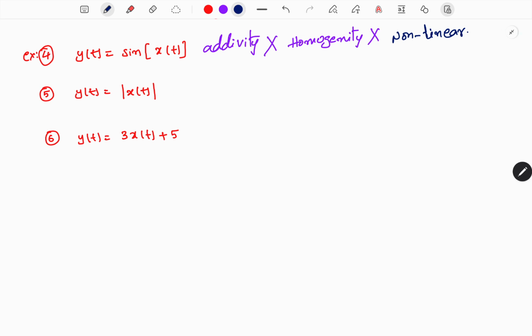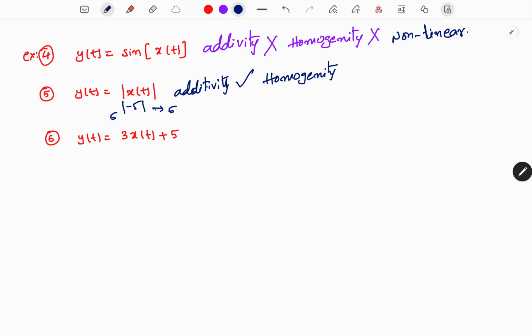Similarly, mod of x of t. It follows the additivity condition, but it doesn't follow the homogeneity. Means, if we multiply x of t with minus 5, the output we will get is multiplied with plus 5, because mod of minus 5 becomes plus 5.